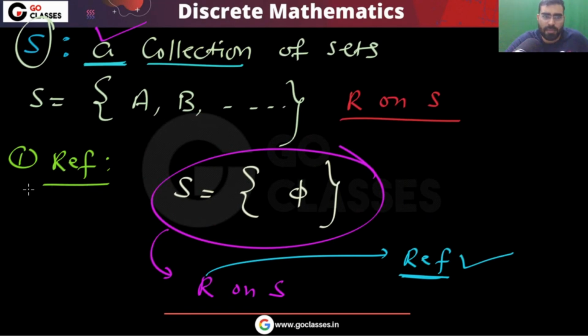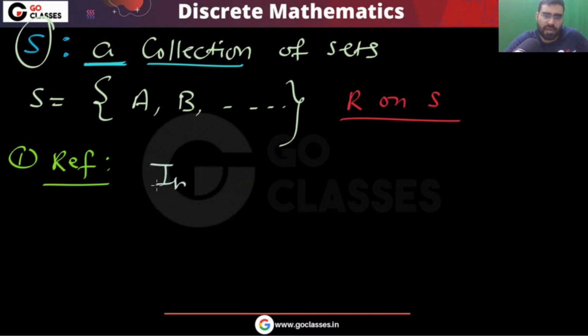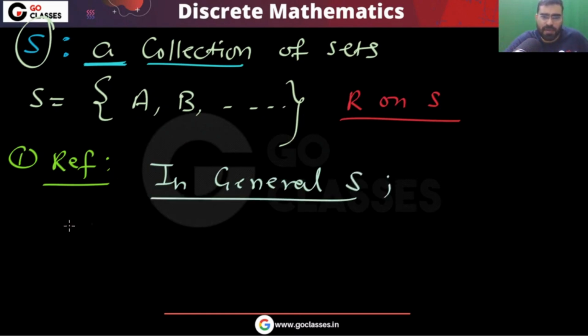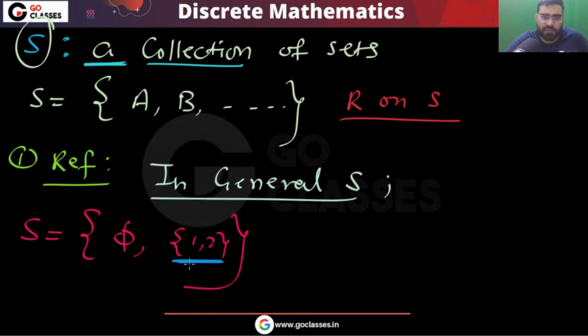But apart from this, in general, what will happen? If this happens, then the reflexive property will be satisfied, but in general this will not be true for all S. For example, if S is phi and the set 1, 2, and let's call the second set A, then you can notice that A intersection A is not phi.